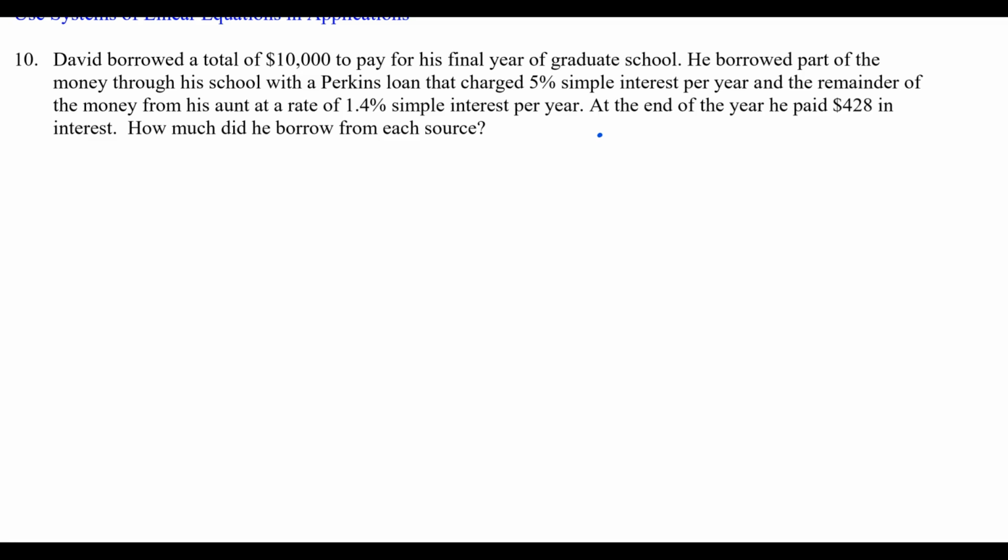So if we look at it, he borrowed from Perkins and he borrowed from his aunt. He borrowed a total of $10,000.